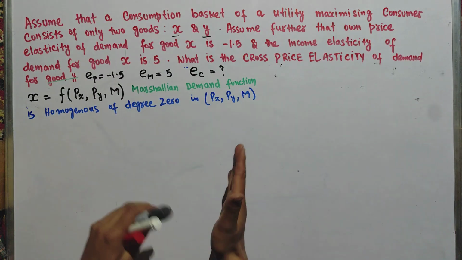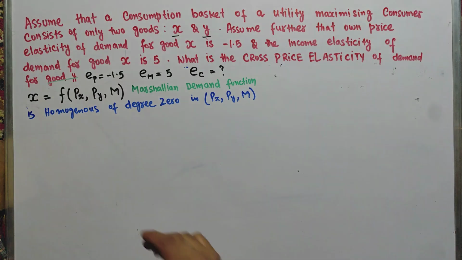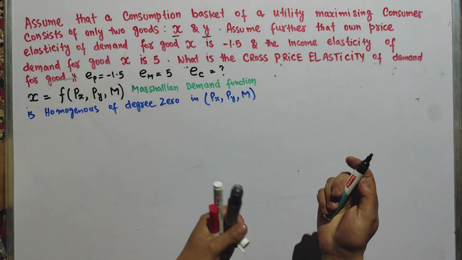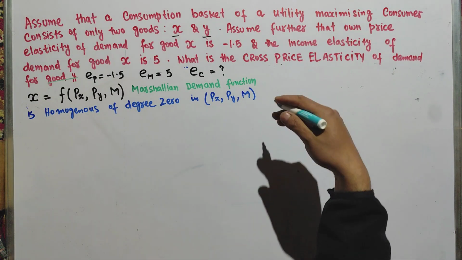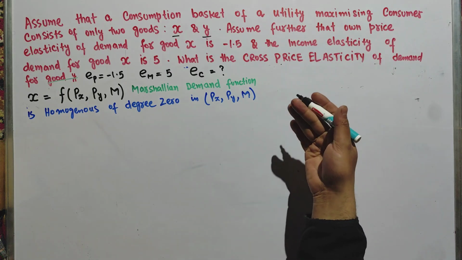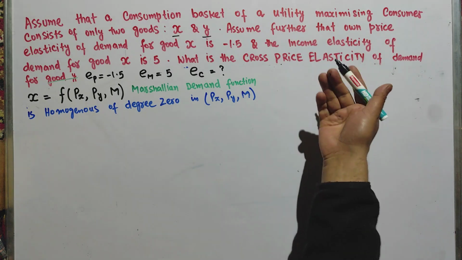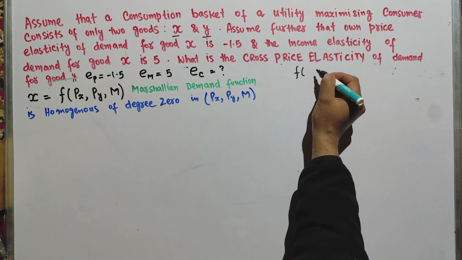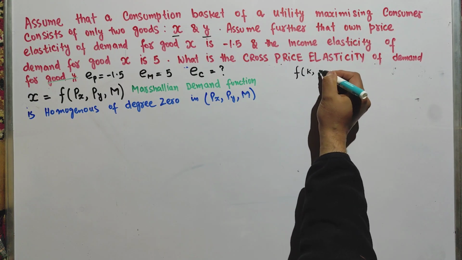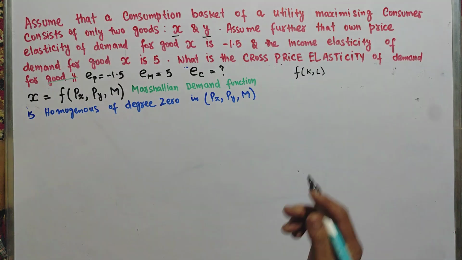So let us first take this question aside and let us see what is meant by a homogeneous function. Let us take a relatable economic function here that will make sense. Let us say I have a function f of K and L. Let us say this is the production function.